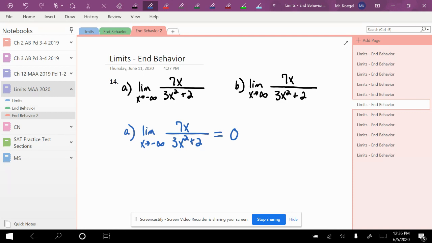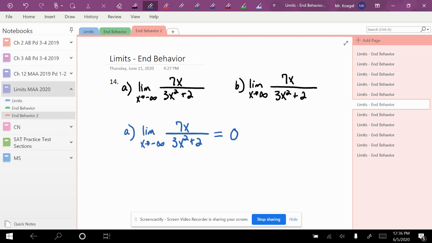as x gets smaller and smaller, as we move leftward further and further on the x-axis, this quotient is going to become closer and closer to 0, but it's still going to have a negative value because the numerator is going to be negative and the denominator is going to be positive. So how do you know that?